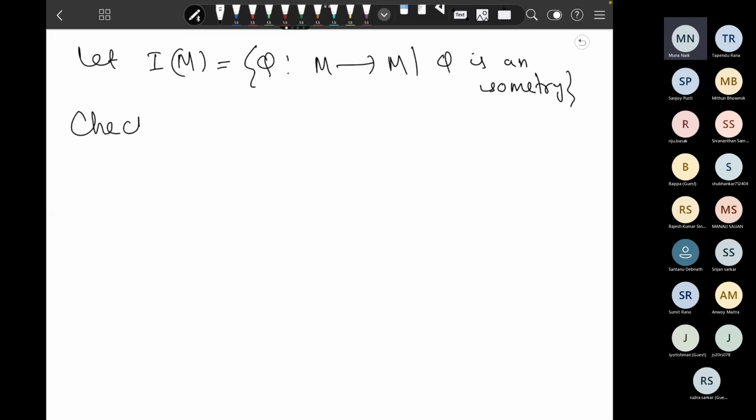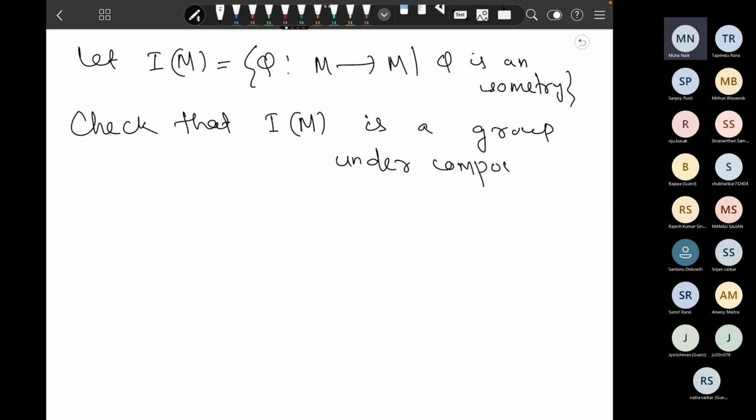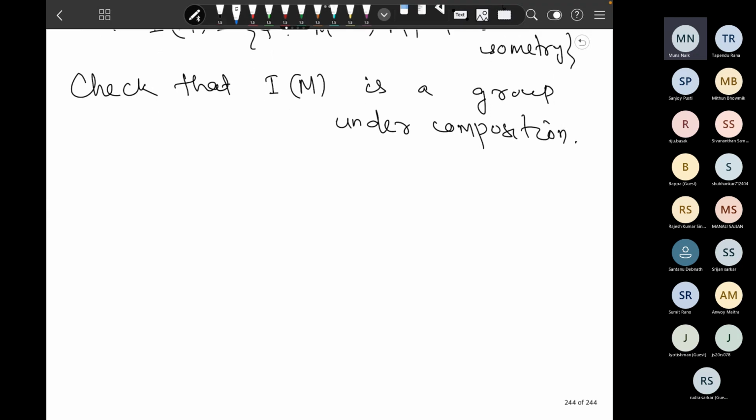So check that I(M) is a group under composition. Actually, we will see later that it is a Lie group under composition. Now, the next theorem is interesting.